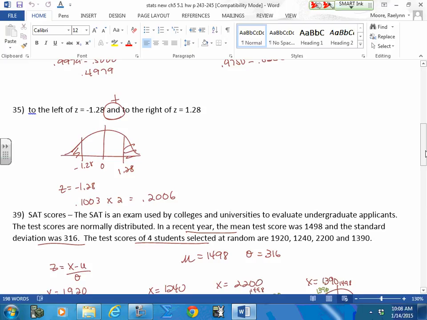When you look up this area to the left, it's this. Why did I multiply this by 2? Why is it the same? It's the same distance from 0. Good, because your curve is symmetric. It's like having a number line, like an absolute value type thing. Very good that you saw that. Your curve is symmetric.